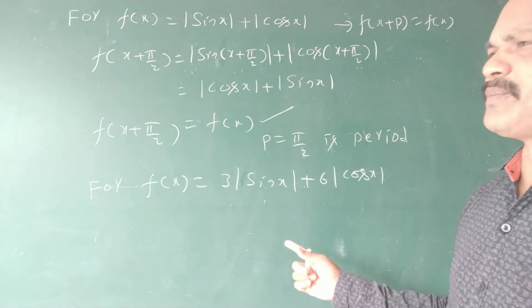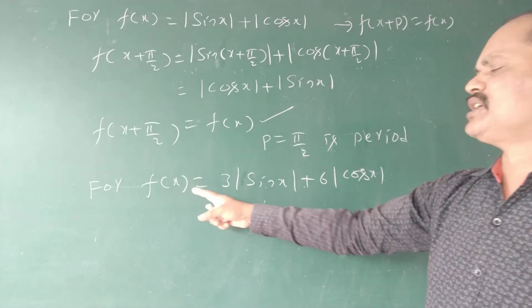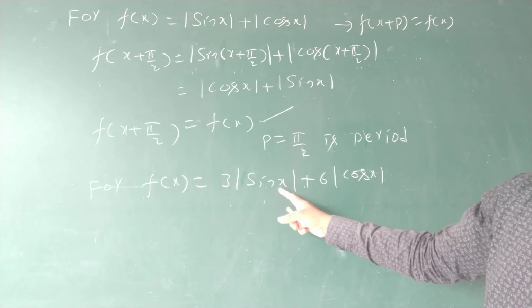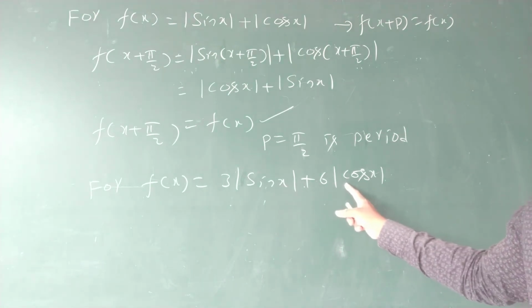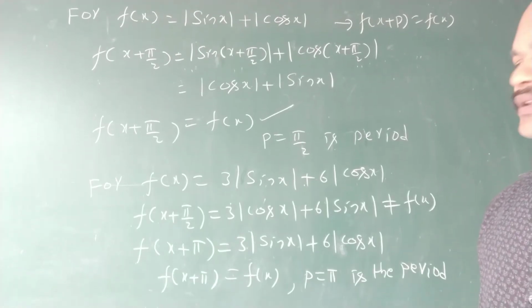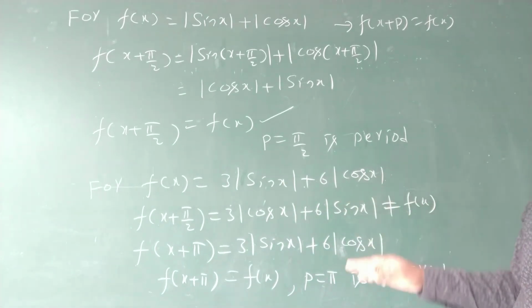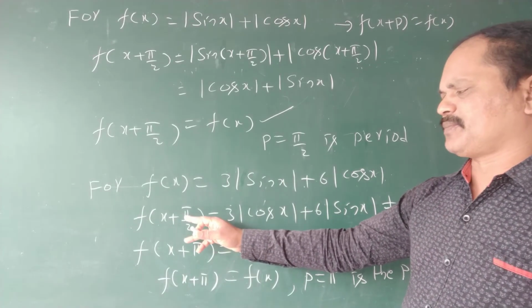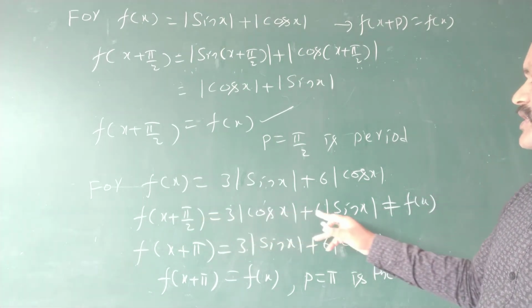Now suppose you substitute x plus pi by 2, then 3 sin of (90 plus theta) becomes cos, and 6 cos of (90 plus theta) becomes sin. That's why the function will be changed. So f of x plus pi by 2 is nothing but 3 mod cos x plus 6 mod sin x.